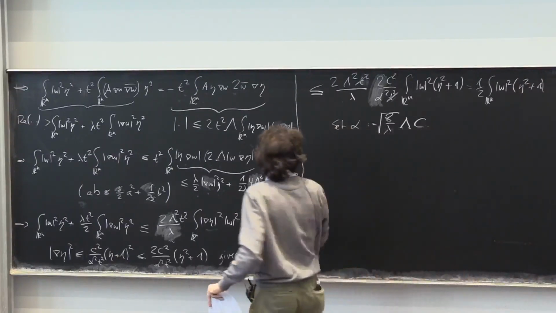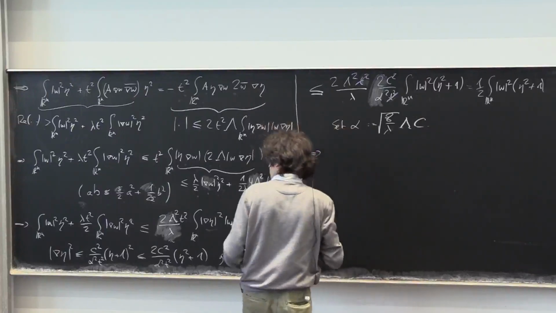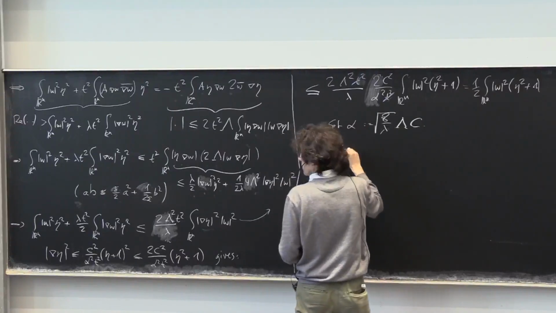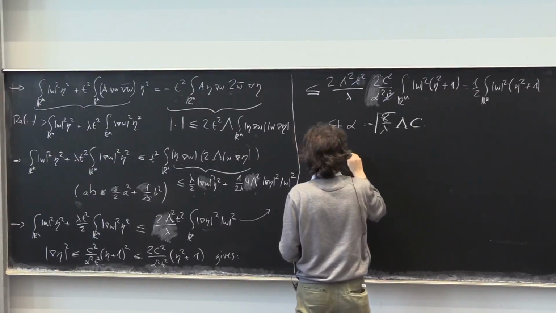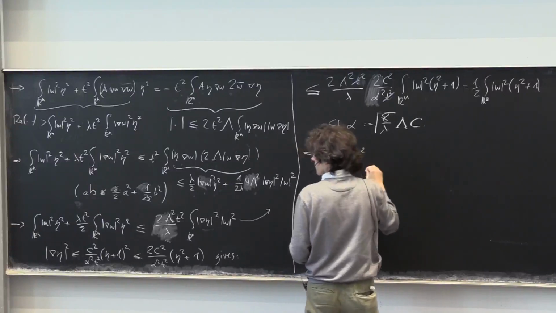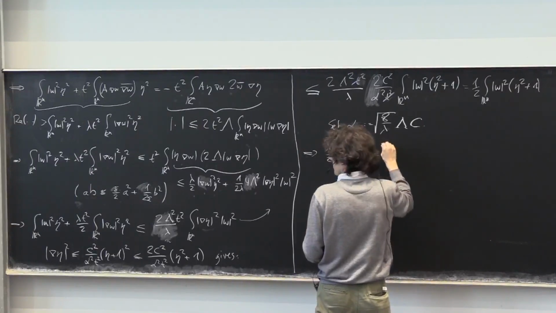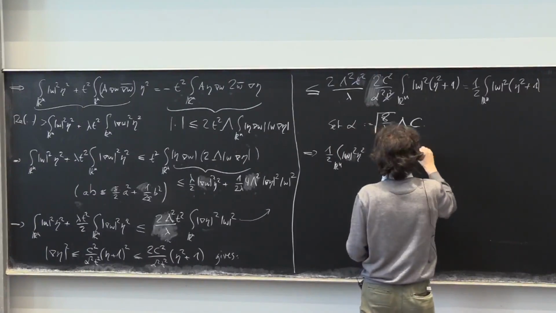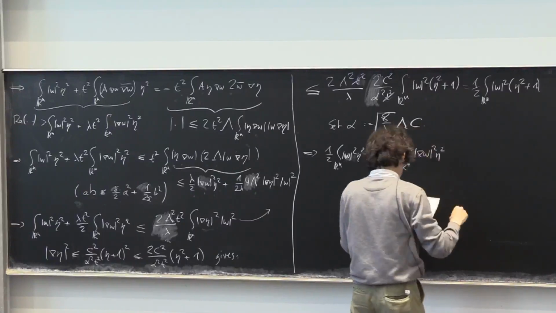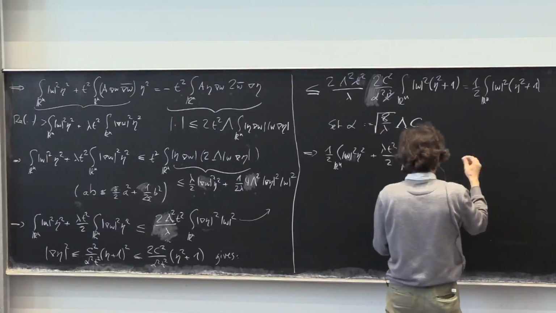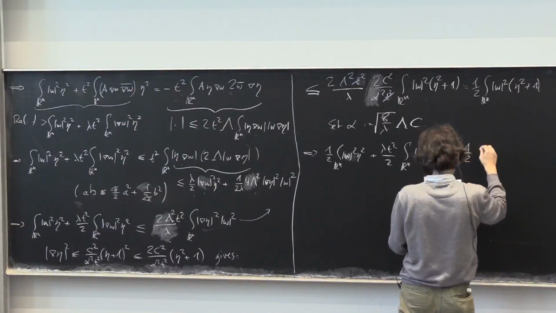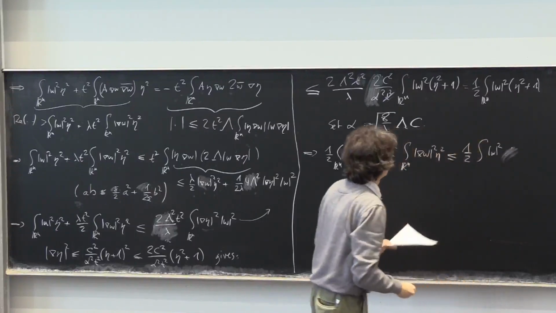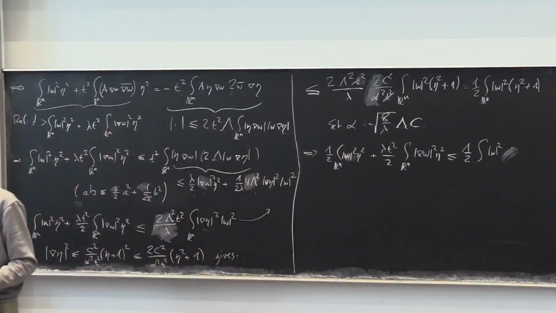And now we can absorb the awful term to the other side, and we end up with 1/2 the integral over R^n of the modulus of w squared eta squared plus lambda t squared over 2 times the integral over R^n of the modulus of the gradient of w squared eta squared is less than, and what is left on the right-hand side is just the integral of 1/2 of w squared. And now all the etas are on the left-hand side.